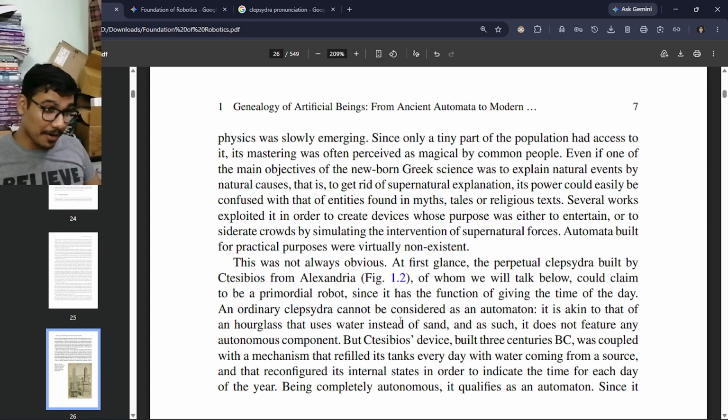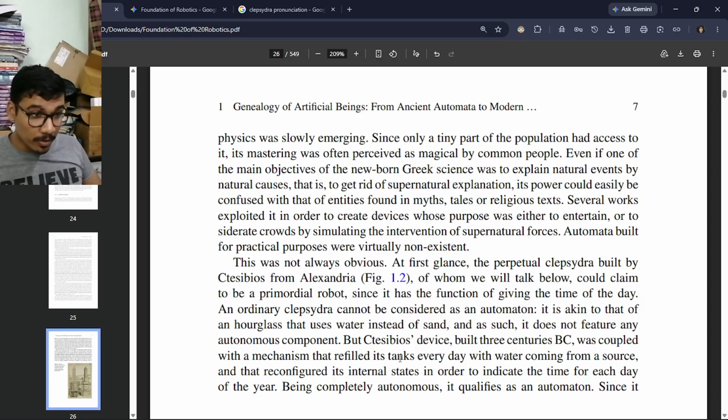Kelpsudra cannot be considered an automaton. It is akin to an hourglass that uses water instead of sand, and as such it does not feature any autonomous component. But this particular device, built three centuries BC, was coupled with a mechanism that refills its tanks every day with water coming from a source, and that configured its internal state in order to indicate the time for each day of the year.